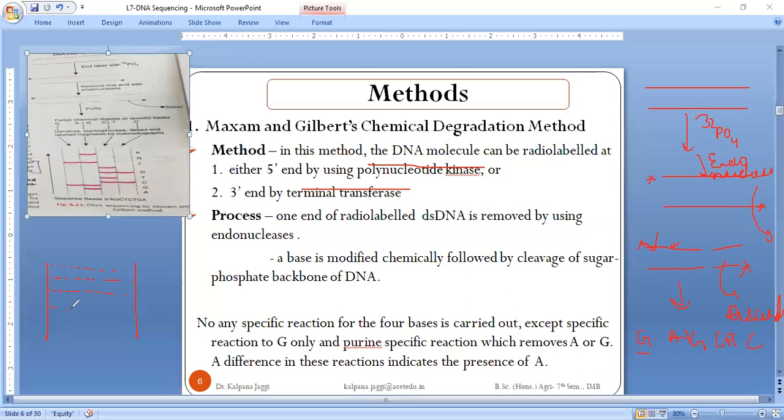While the gel is soft, we need to insert a comb here so that wells are created before it hardens. Whatever fragments you have are then loaded here.